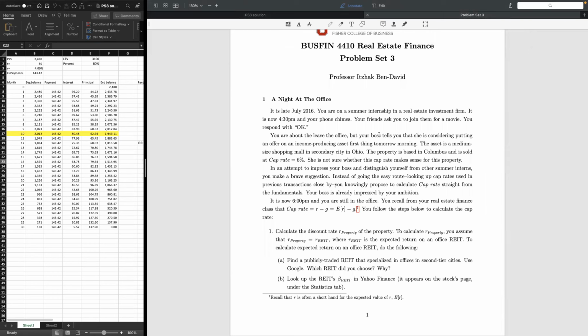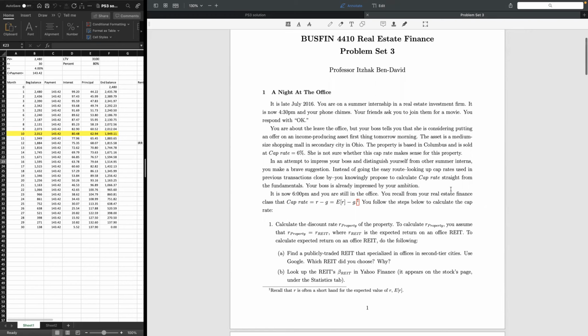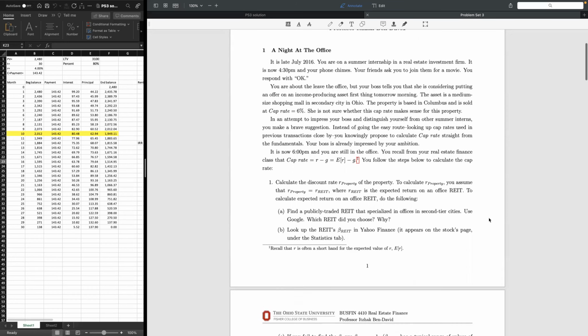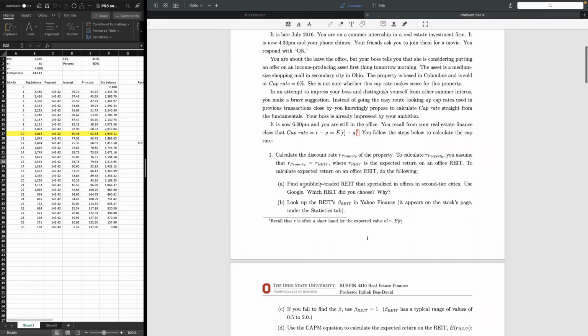The first question is basically testing if you can use the CAPM formula and test your ability to find the related information online. So the first one is find a publicly traded REIT that specializes in offices in second-tier cities. Different people have different answers, which is totally fine.